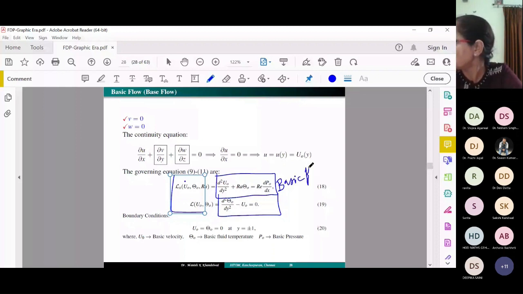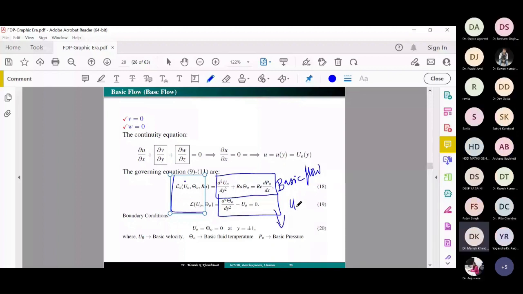Now I want to analyze the stability of this basic flow. We solve these equations and calculate the basic variables denoted by U naught and theta naught. If these two quantities are known to us, then we come to the next step to develop the linear stability analysis. So the first part is developing the basic flow.